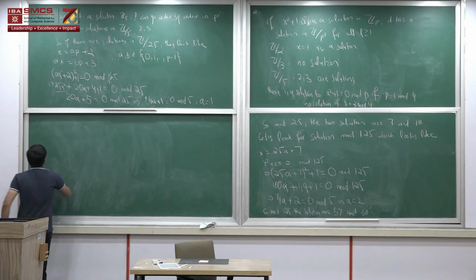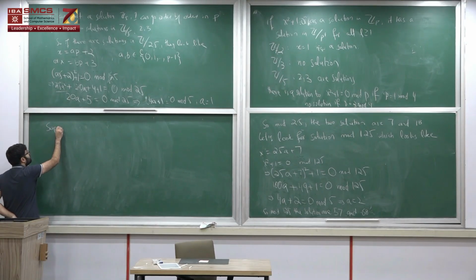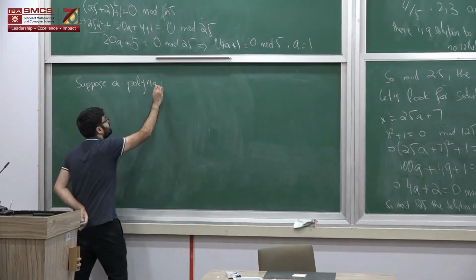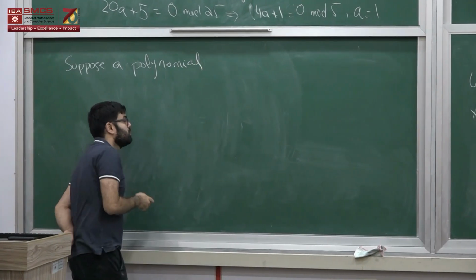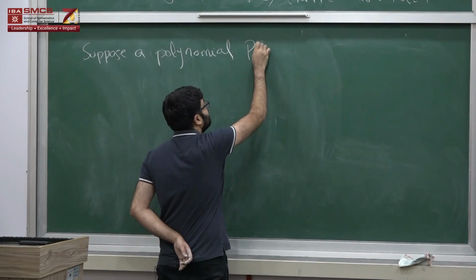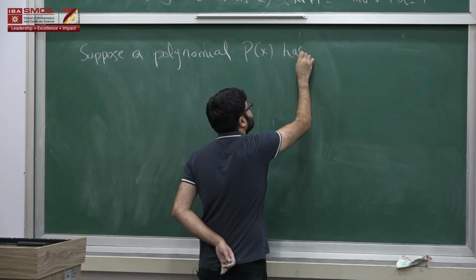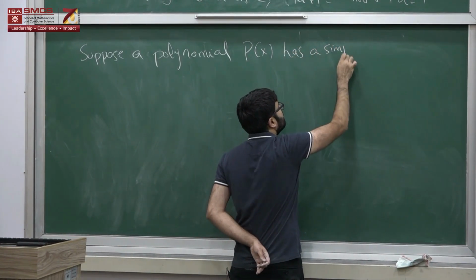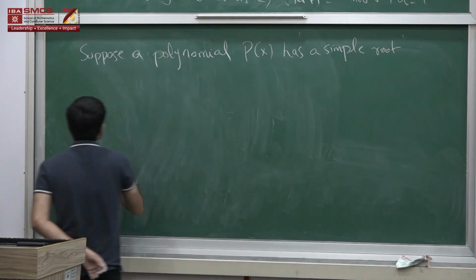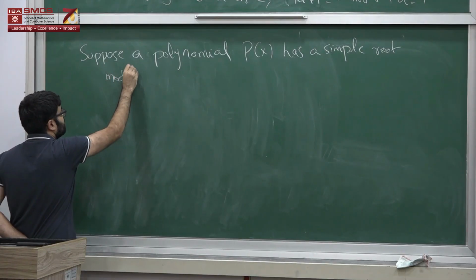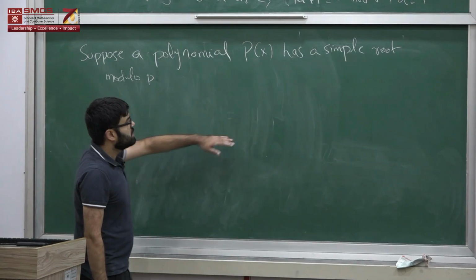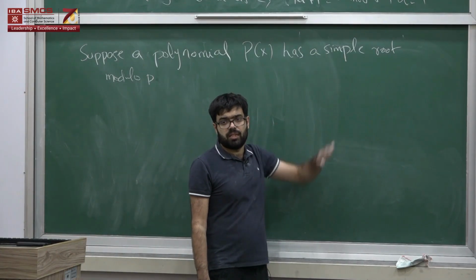So, suppose a polynomial, let us say p of x, has a simple root modulo p. A simple root here just means it is not repeated. So, it has multiplicity 1.